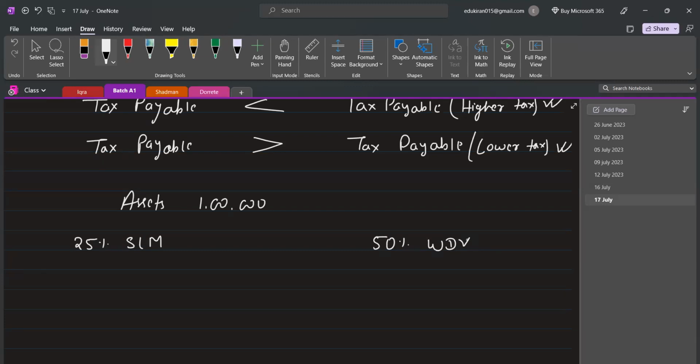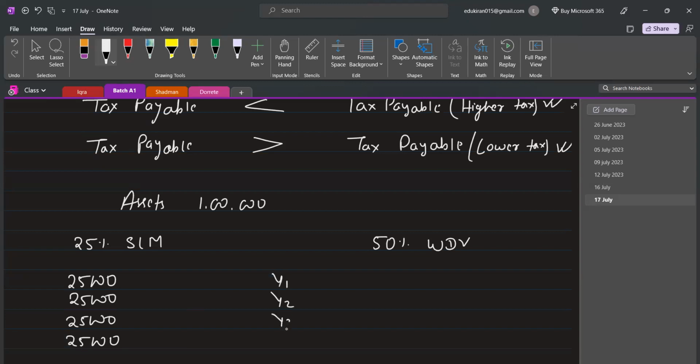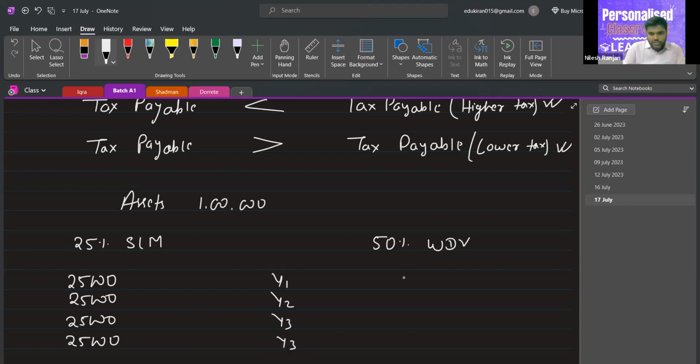So in the first year the depreciation will be 25,000, 25,000, 25,000, and 25,000 in the four years. And if we go to the Income Tax Act, the first year depreciation will be 50,000. Second year depreciation will be 25,000. Third year depreciation will be 12,500, and fourth year depreciation will be 6,250. Yes or no?